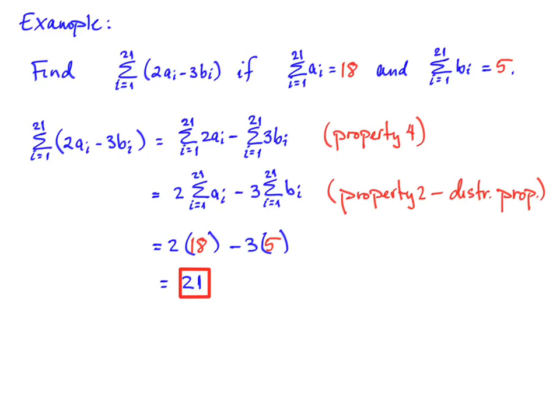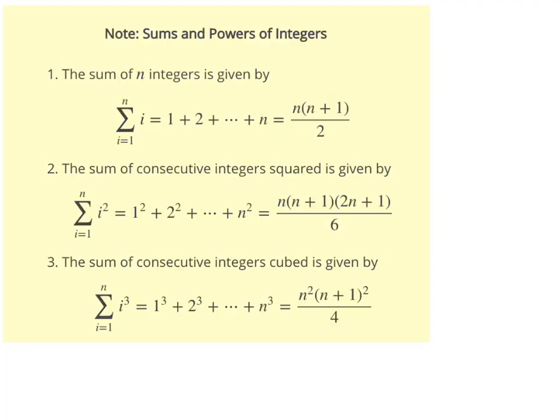All right, so in addition to those basic properties of finite sums, we have a major theorem. In the Newton, it says sums and powers of integers. This is a major theorem, and it should actually say, I don't know if this is a typo, sums of powers of integers.